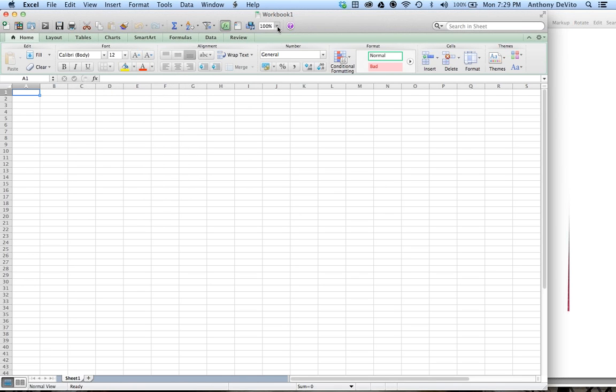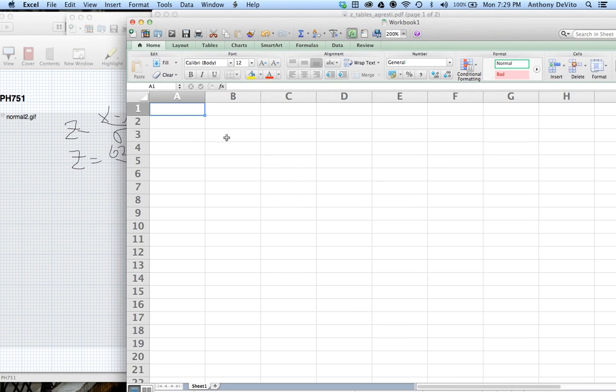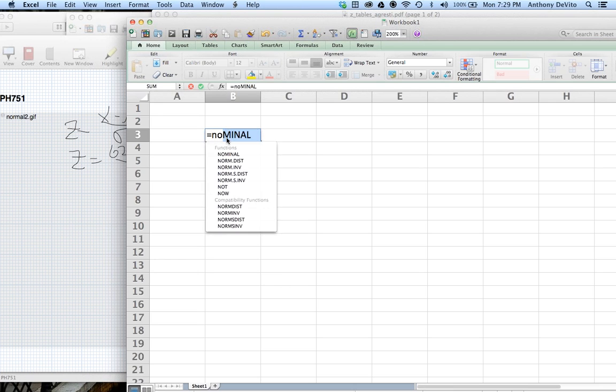Oh, here we go. I'll do it this way. Okay, so I'm going to click in here, and what are we looking for? We're looking for values that represent the z-score in a normal distribution. I'm going to type in an equal sign. I'm going to just wing it and say normal. Oh, look at all these. NORM.DIST, NORMDIST, and so on.